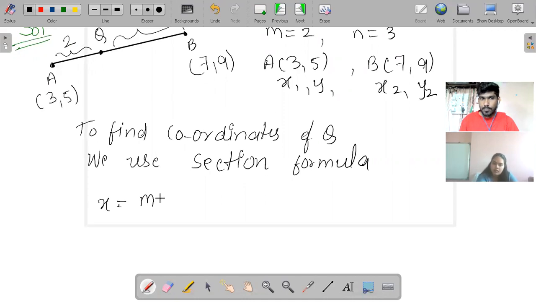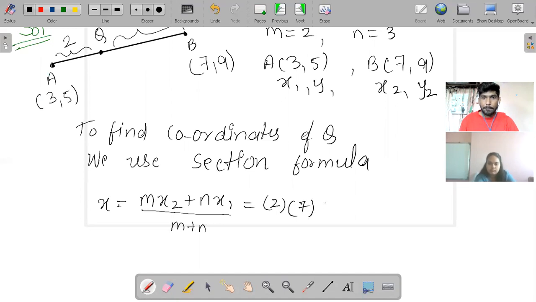It was m x2 plus n x1 upon m plus n. Now we'll substitute the values. What is m? 2. What is x2? Look at this, x2 is 7. Plus n, that is 3, and x1 is also 3, upon m plus n, that is 2 plus 3.